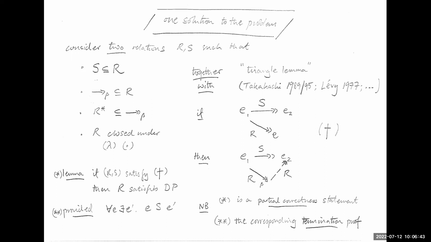And now, unfortunately, I wanted to write R here, but I have R here and here. So let's just put a big bullet for where we want to get to. Okay. So we'll get diamonds from triangles.